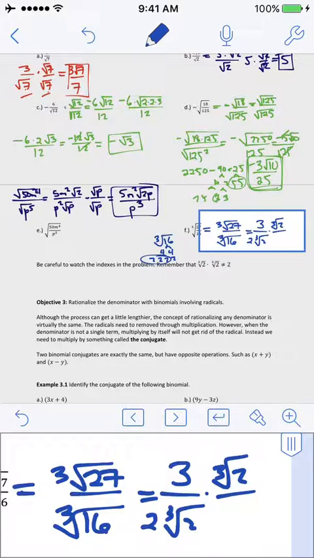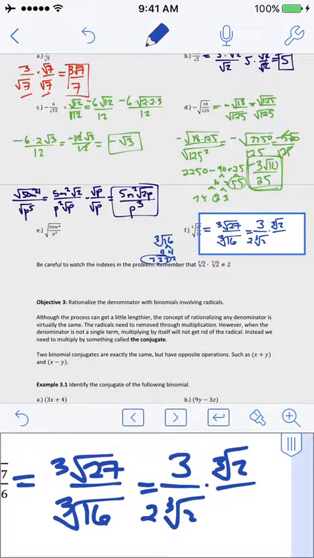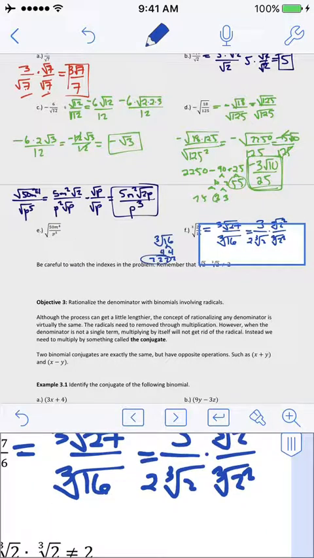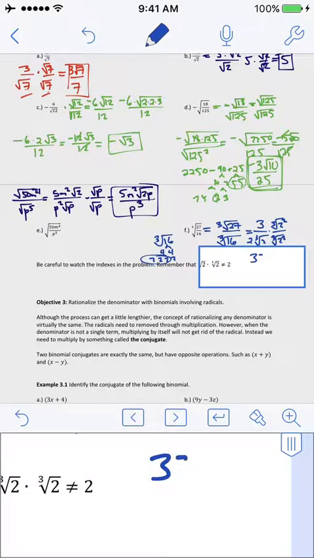When I rationalize by that, if I were to rationalize by just this, that's not going to end up going away. I'm going to end up getting 2 squared under the cubed root, and that's not going to help me. I need to multiply by 2 of them. If I multiply by 2 of them, then I get a group of 3, and the group of 3 cancels out. You see how that worked? So now I have up at the top 3 cubed root of 4 over.